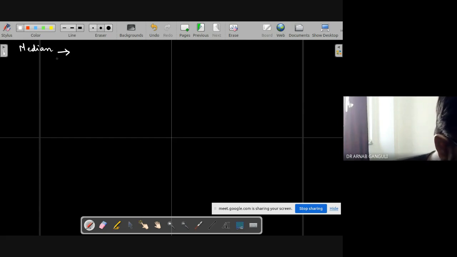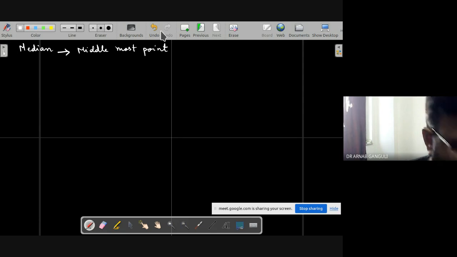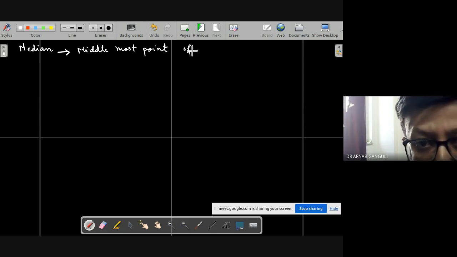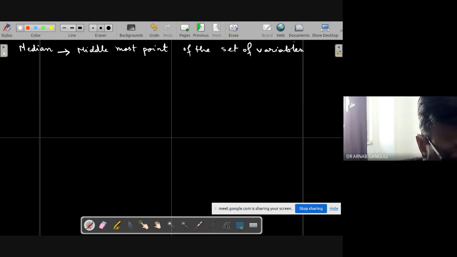Median is the middlemost point or the central value of the set of variables.